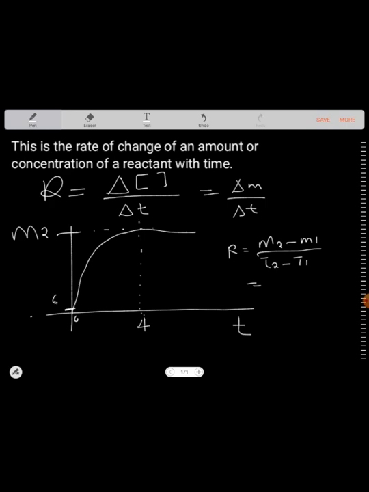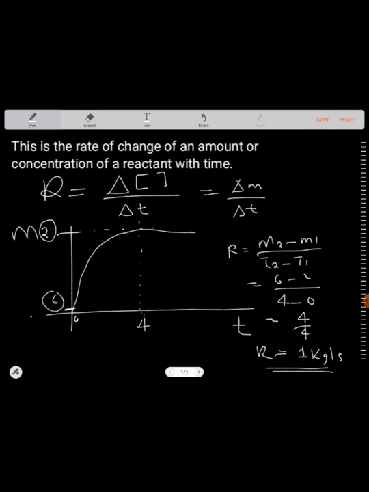The rate will be 6 minus 2 over the time, which is 4 minus 0, so 4 over 4. Your rate will be equal to 1. Mass is in kg, so the rate is 1 kg per second. That's just how we can find the rate of a chemical reaction.